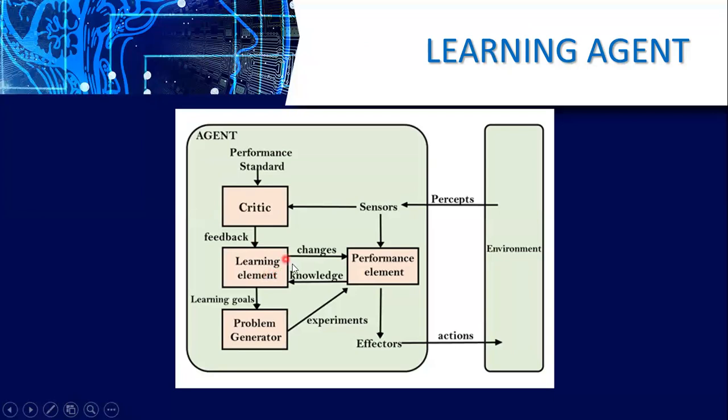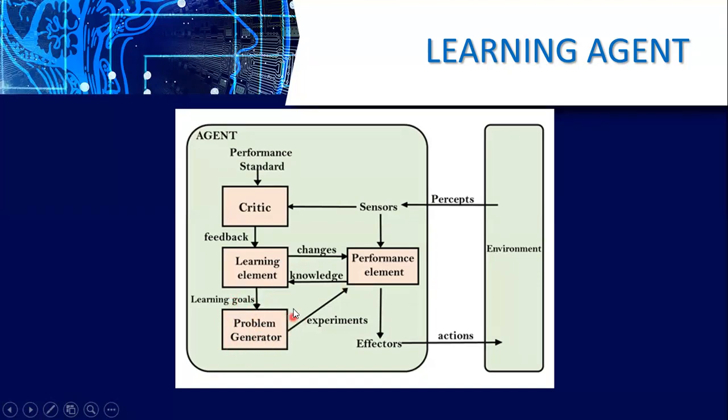For learning, it goes to the learning element, and it will cross-check with the performance database, and see if it needs to change any decision. So it will learn from that. The knowledge will be gained from the performance element, and it will learn what goals it has to achieve.